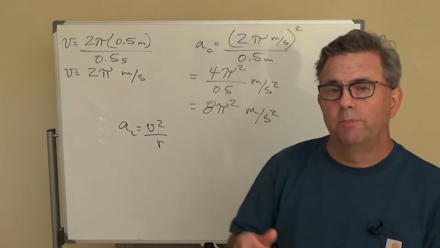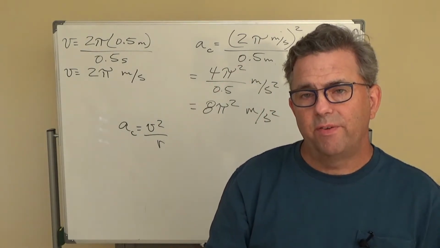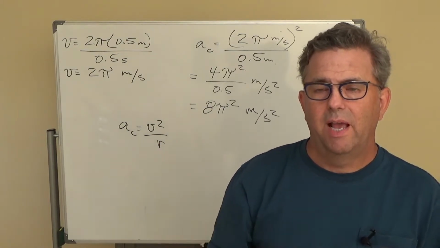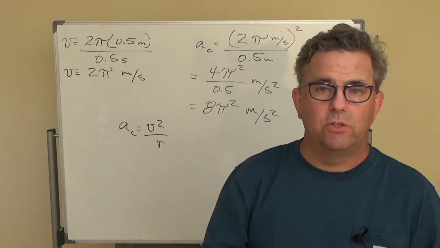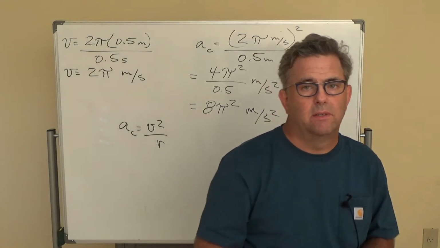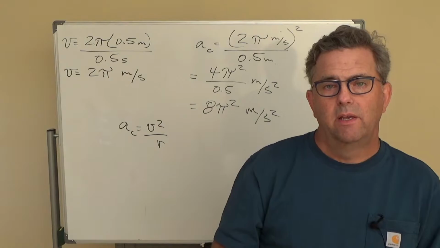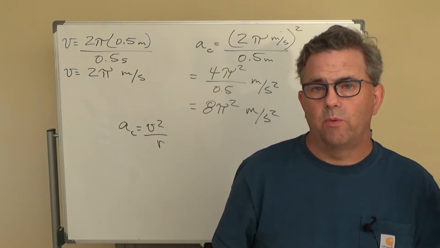So an object that's moving in a circle is definitely accelerating. That velocity vector is changing as it moves around the circle. The magnitude of the velocity may be constant, but the direction of the velocity is changing. And you've all experienced this when you're riding in a car.